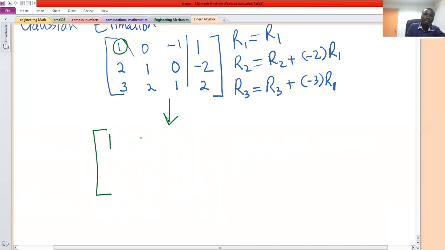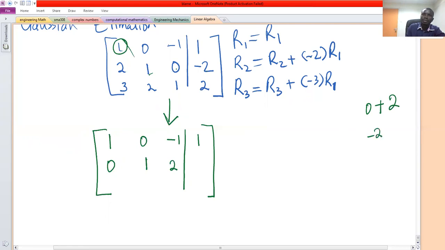So by doing that, this is the leading one in the first row. So we'll have 1, 0, negative 1, 1. Then 2 plus minus 2 times 1 is 0. 1 plus minus 2 times 0 is 1. 0 plus minus 2 times minus 1 is positive 2. And minus 2 plus minus 2 times 1, so minus 2, this will be minus 4.